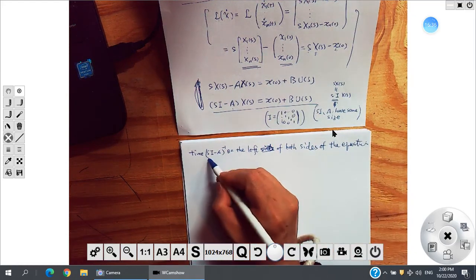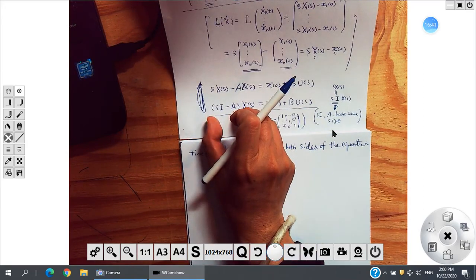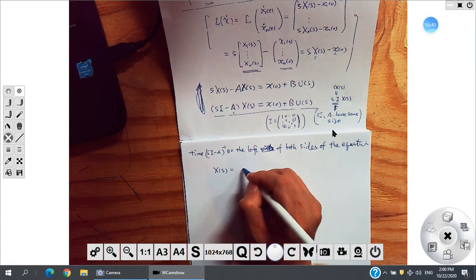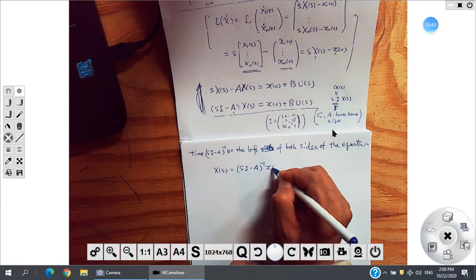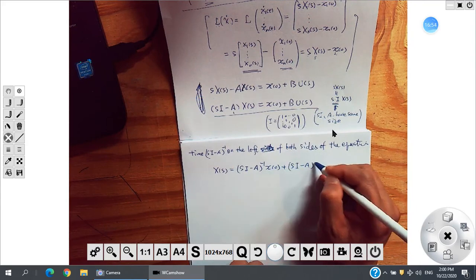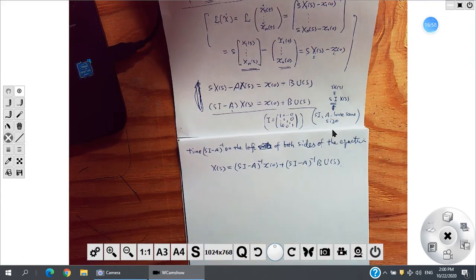So I times this one, then this one inverse times it, so they cancel, right? I only have X(s). The other side is (sI minus A) inverse times x(0) plus (sI minus A) inverse times B times U(s). Alright, this is X.